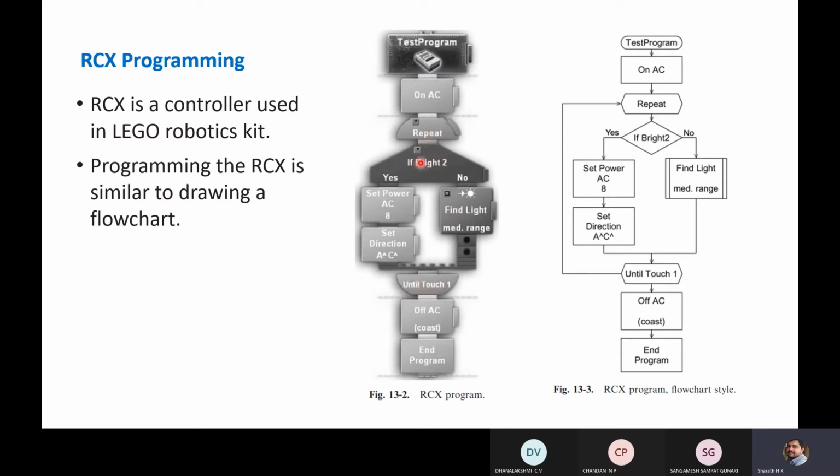After repeat there is a decision related to a light sensor. The robot should move in a path where there is light. That is the condition. When you switch on motors A and C, the robot will move.